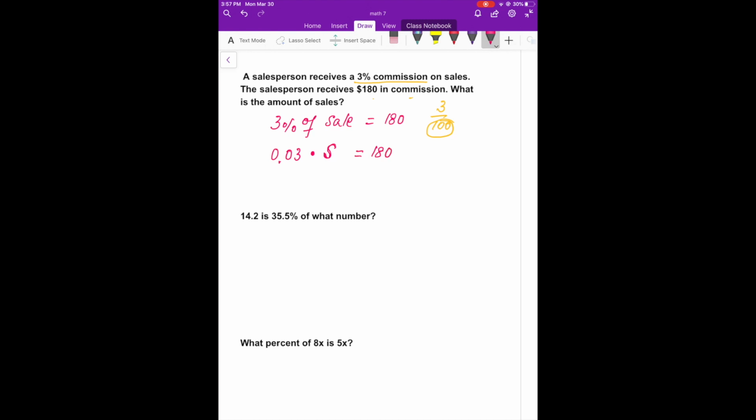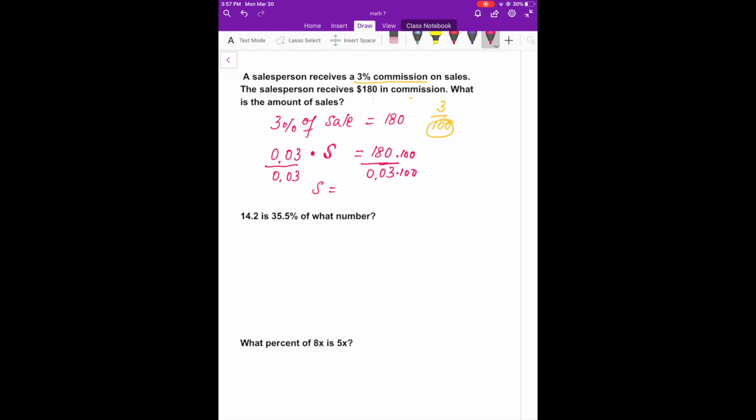Now you know solving equations, you need to get rid of 0.03. So you divide both sides by 0.03. How do you divide by a decimal? You just need to make the denominator a whole number. For that, you can either multiply by 100 or move the decimal over twice to the right.